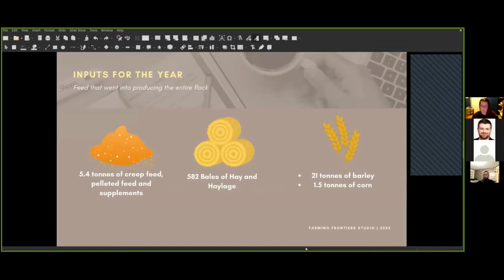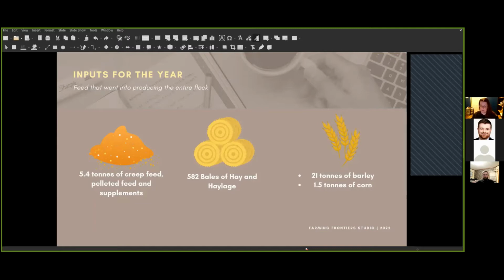And those would be both big squares and round bales. And over half of them were purchased because 2020 was a pretty bad drought year for us here. We went to Southern Ontario to buy hay because we couldn't find anything here. We had essentially a bale an acre. So not so great.